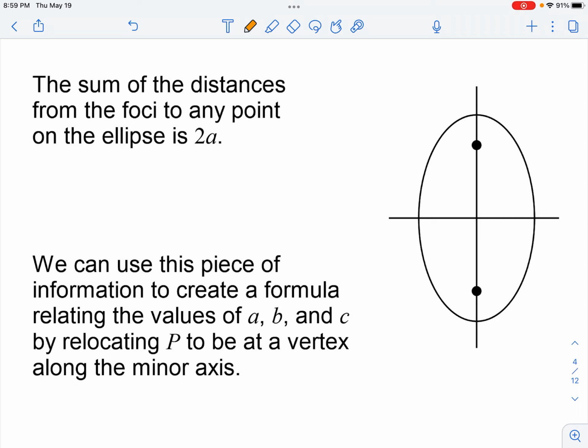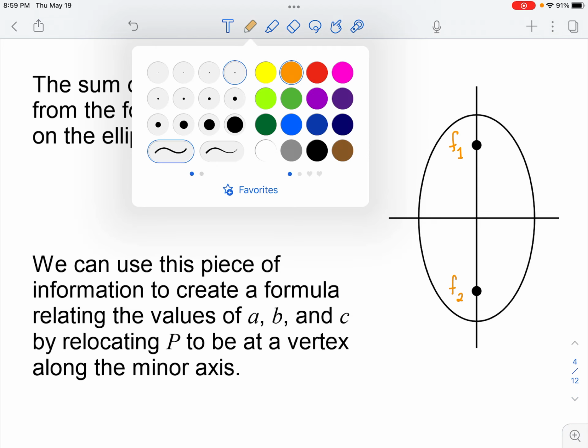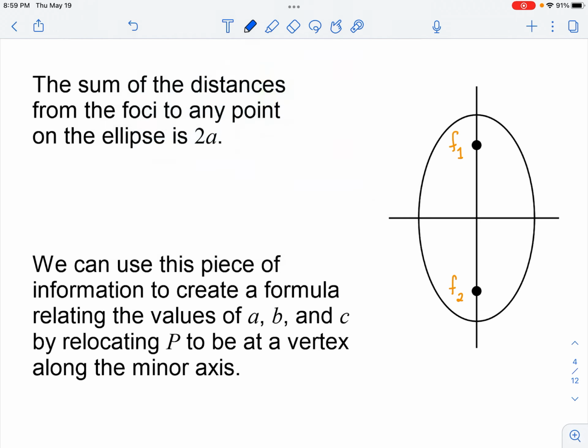So we've got our focus points. I'm going to call them F1 and F2, for focus point 1 and focus point 2. Those are my foci. Now I'm going to pick an arbitrary point somewhere on the ellipse. Let's put it right here.